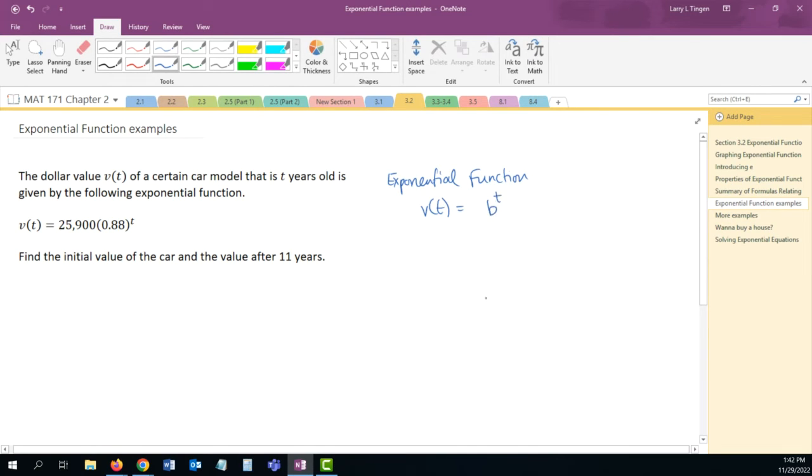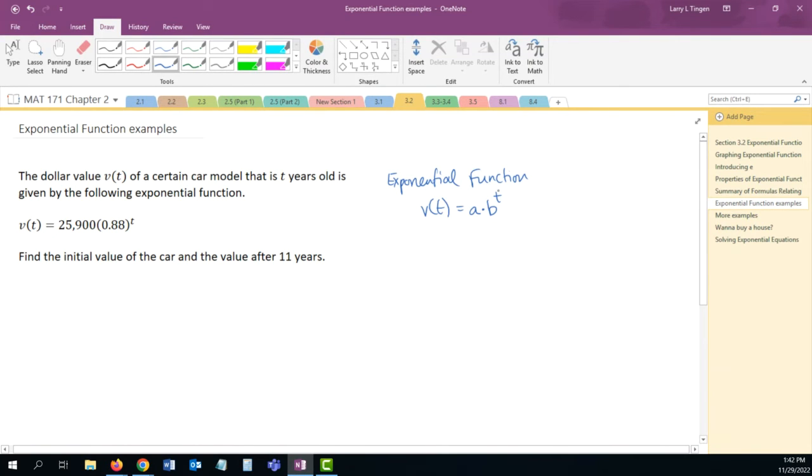We said that exponential functions had f of x equal b to the x. Well, this one has a constant out front, and that's fine. It's just a non-zero constant number that sits right there. You can have your exponential function in this form.